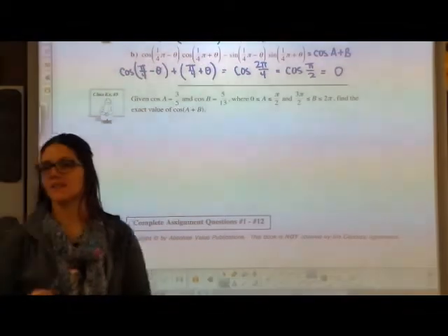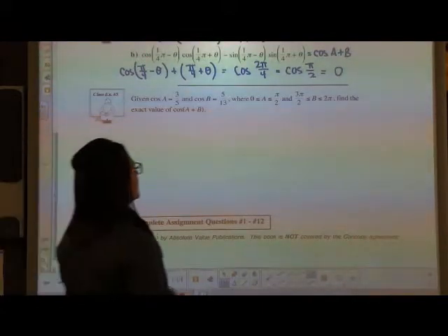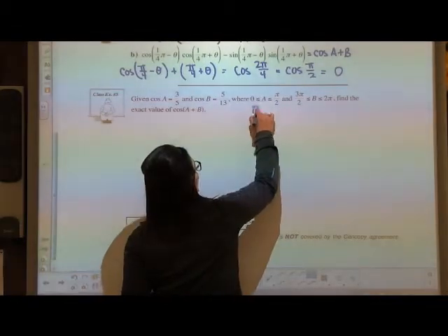First of all, where is angle A located? In the first quadrant. In quadrant 1. So let's draw it out.